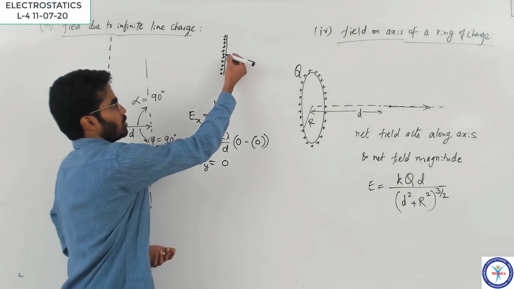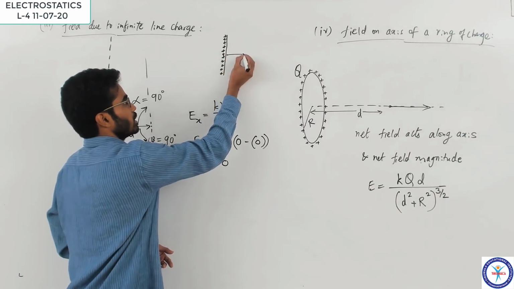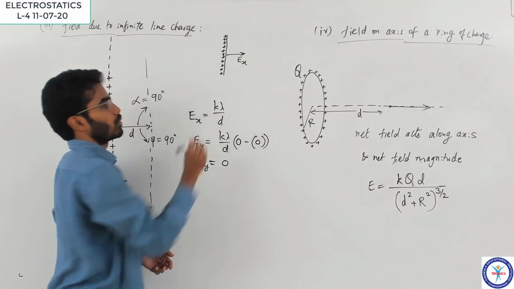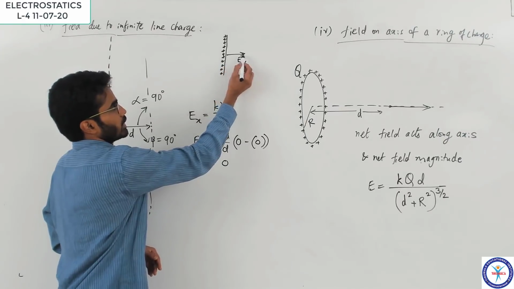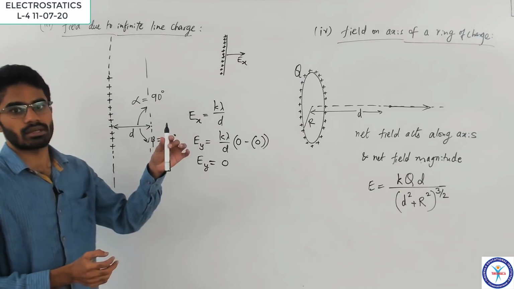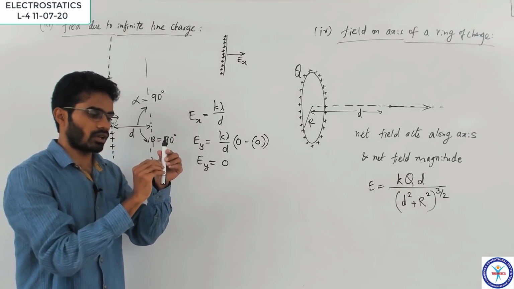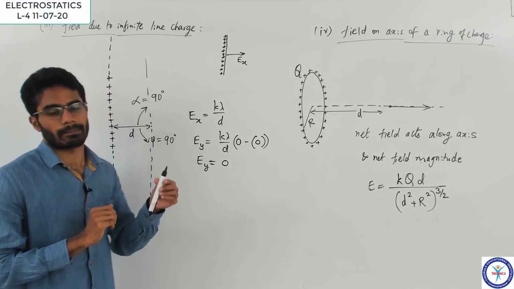So if you take a point very close to a finite charge, you should know that there is only Ex at that point. That means the field is only directed along this perpendicular direction. Let us say this is the marker. When you take a point very close to the marker, the field is coming out perpendicularly.